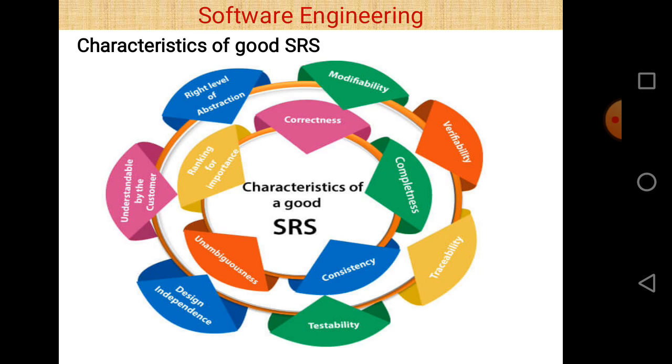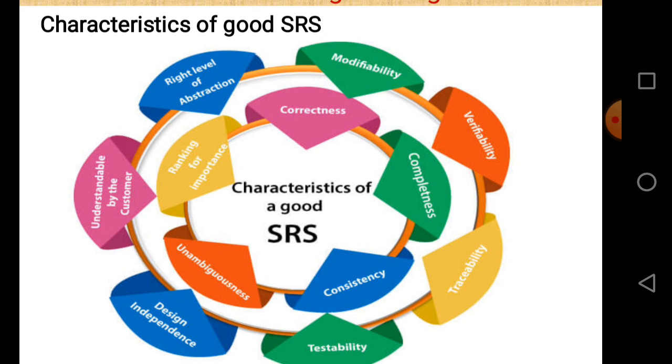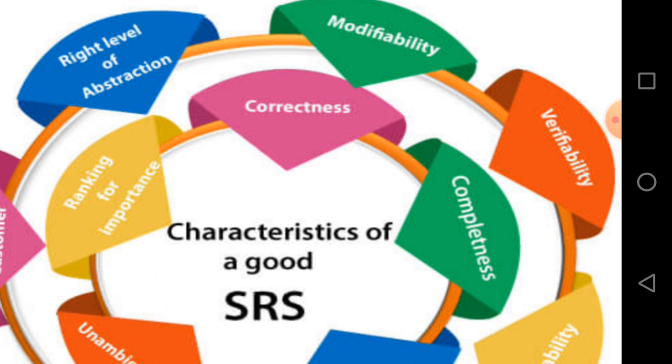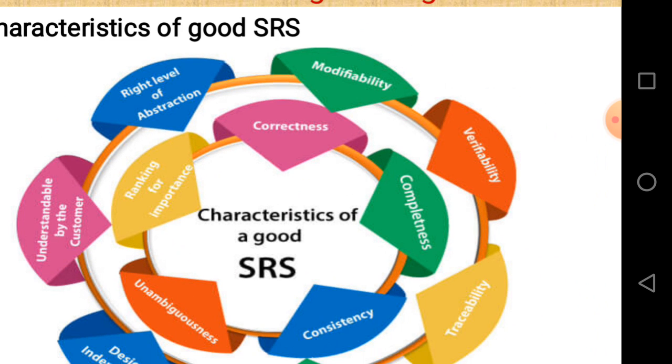These are some characteristics of a good SRS. There are many of them. First is modifiability. Nothing is permanent in an SRS report. If the customer wants certain changes in the SRS report, it is possible, so we can say that it is modifiable.